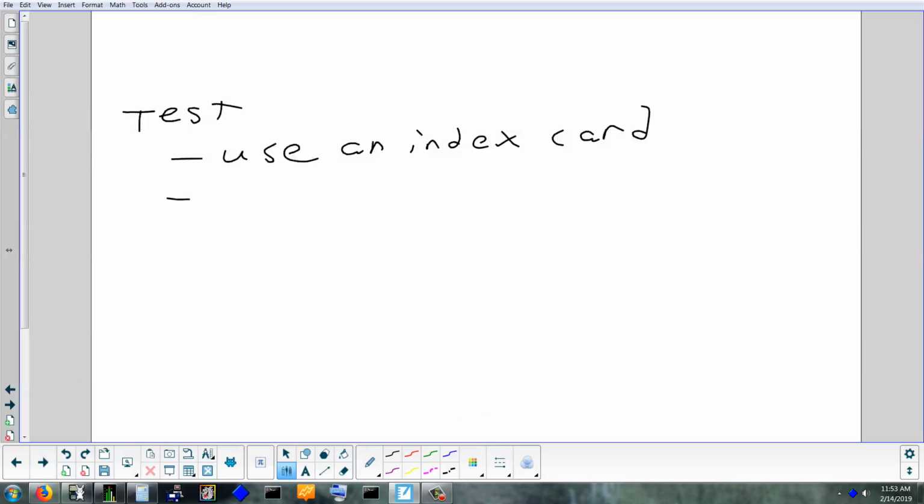So you can use an index card, and you can use a scientific calculator. There is no graphing we did at all this week. Right? So all the stuff today, it's just using a basic calculator. You're only going to need a calculator that has sine, cosine, tangent.